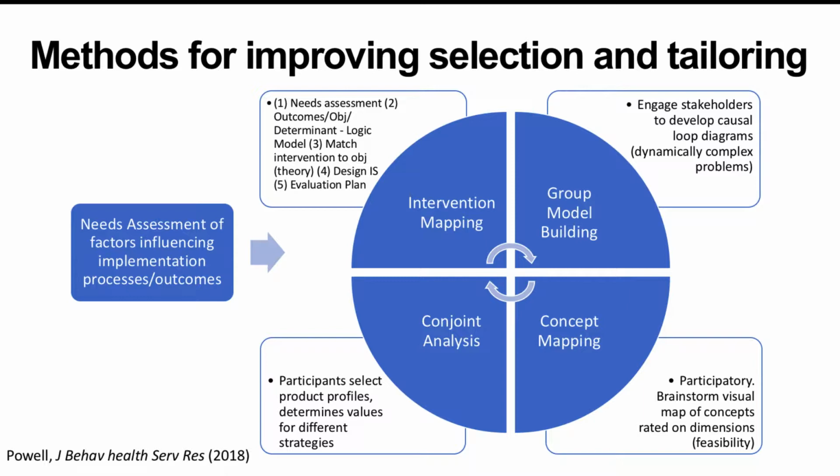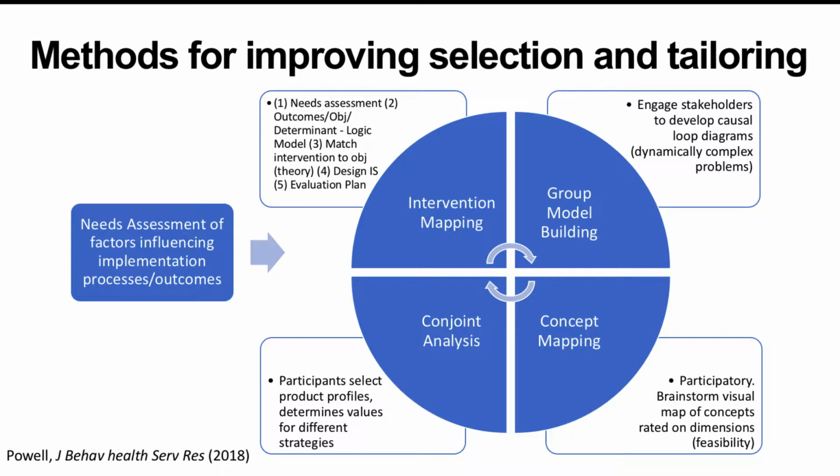Conjoint analysis, which I've also utilized, is a method where you can measure stakeholders' preferences for product and program attributes and learn how changes in those attributes would influence demand. This also allows you to forecast the acceptability of potential implementation strategies in the real world.